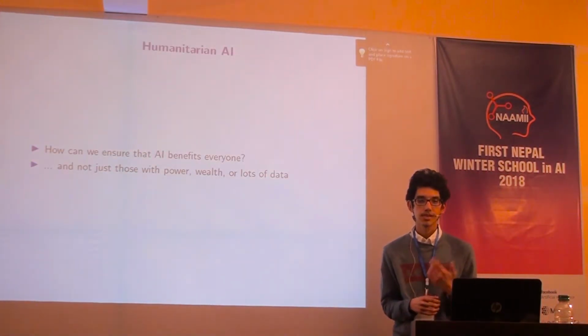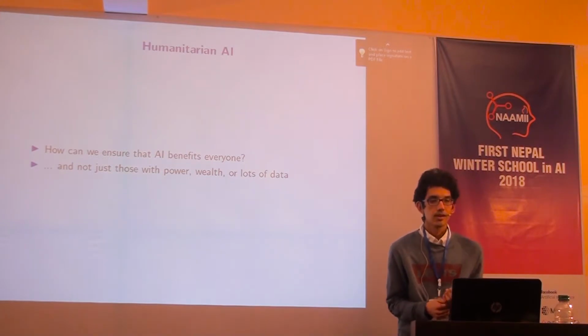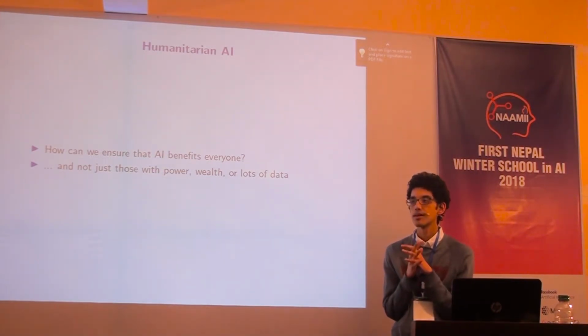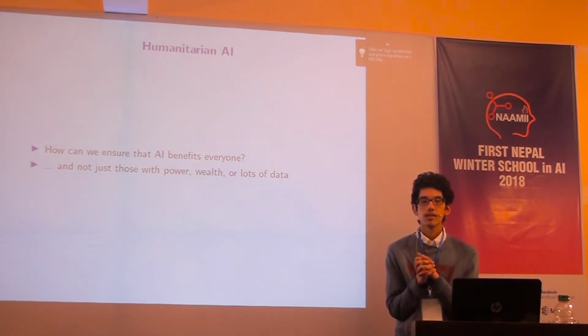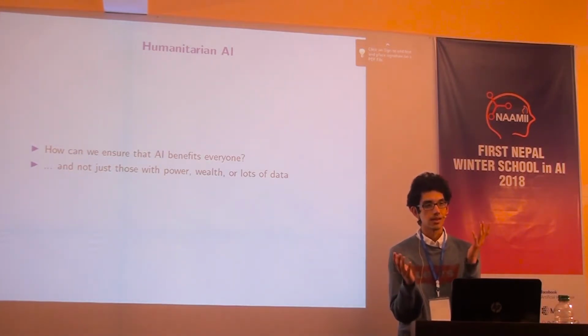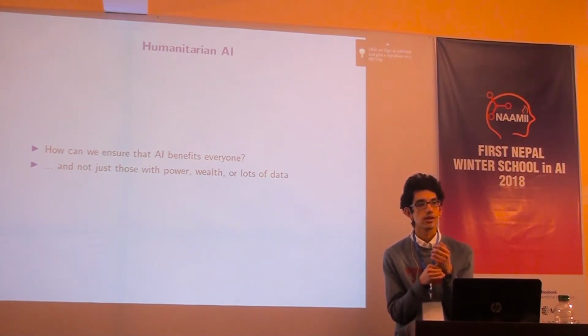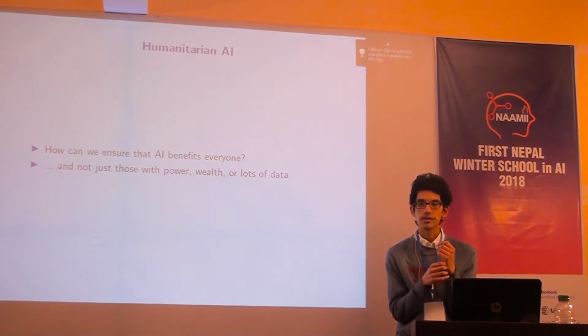But this is the basic question: how do we make sure that AI benefits everyone? For all the attention that this field receives, it's really only being used in a very limited context. Think about all the different kinds of papers being submitted to these big deep learning or machine learning conferences.